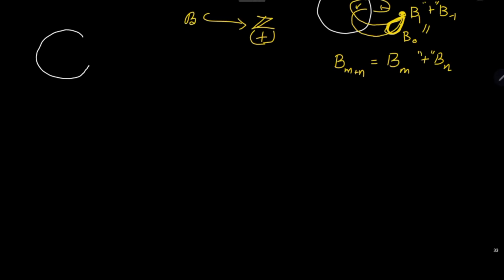This part, and then this part. B goes like this, I guess. Okay, B goes like this, and C goes like this. Something like that. So can you exactly see what is going on? I bet you can't.